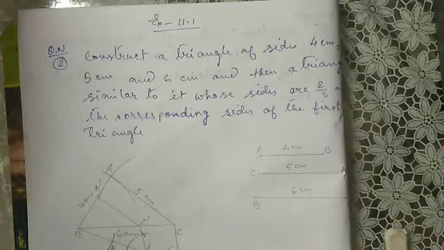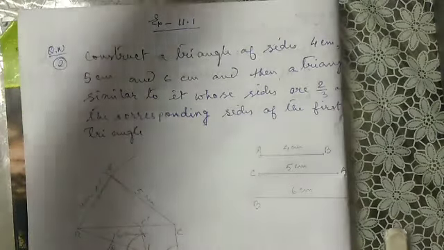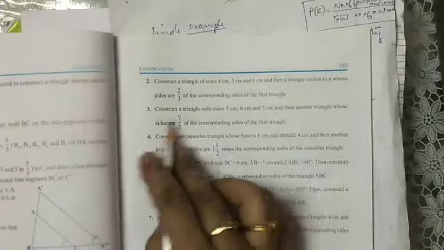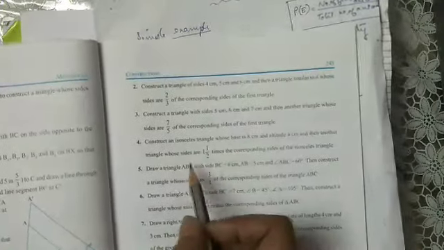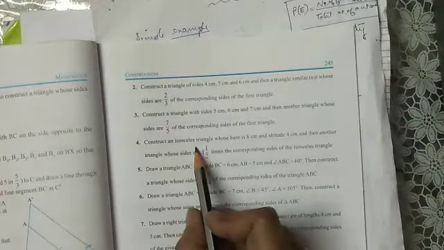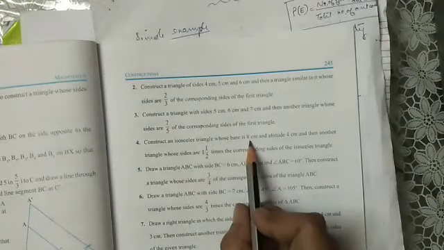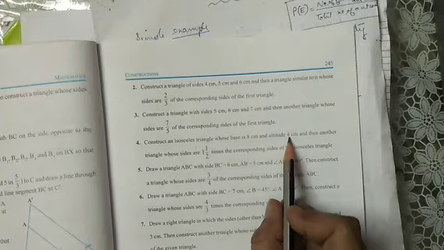So the next question is given as construct 2, 3 similar by the same sides. You have to construct an isosceles triangle whose base is 8 centimeter and the altitude is 4 centimeter.